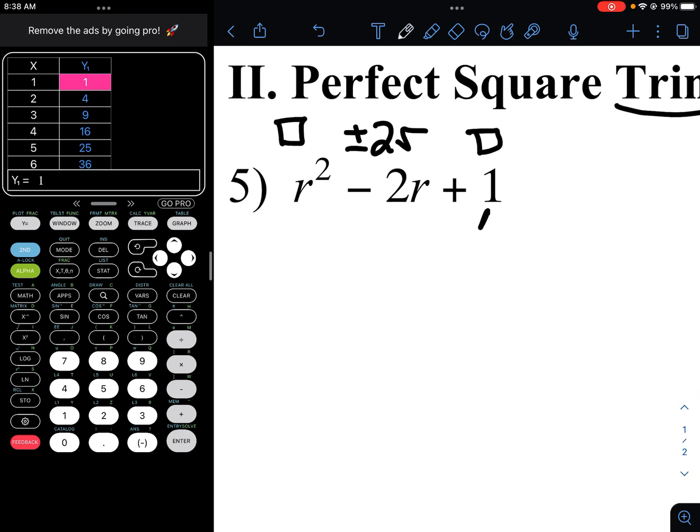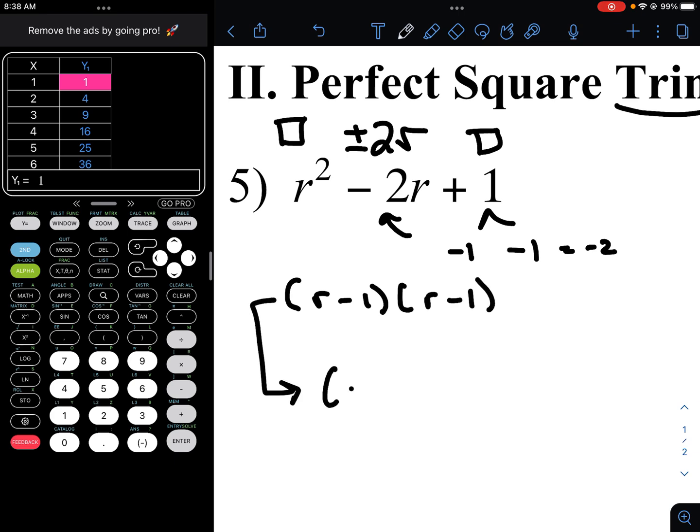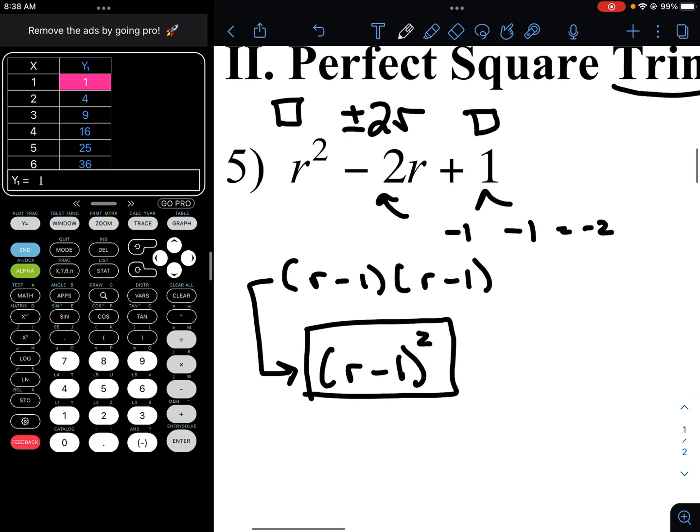If we remember our old factoring skills, we can think of 1 as negative 1 times negative 1, multiplying those equal positive 1, and they also add to negative 2. So this would actually be r minus 1 and r minus 1, which you can represent as r minus 1, the quantity squared. So that is what's special about it, they are actually the same factor twice, and you can square it.